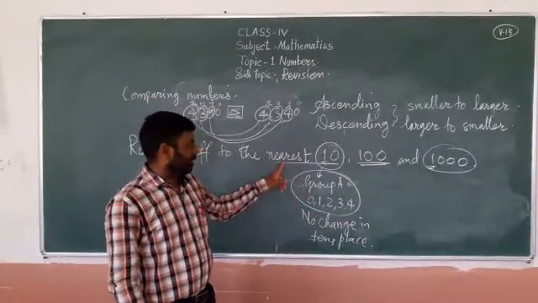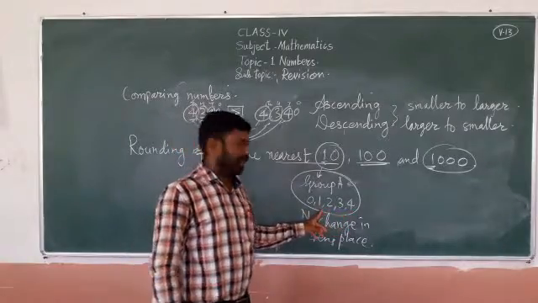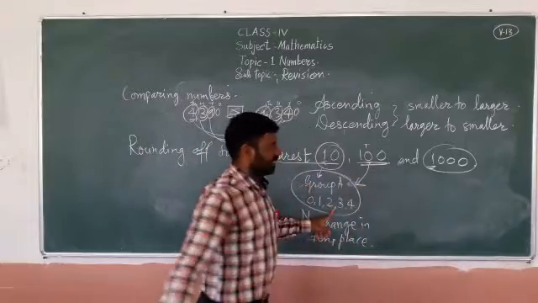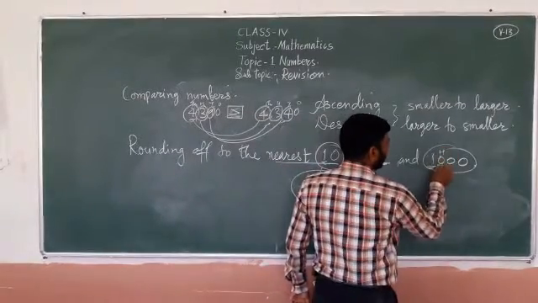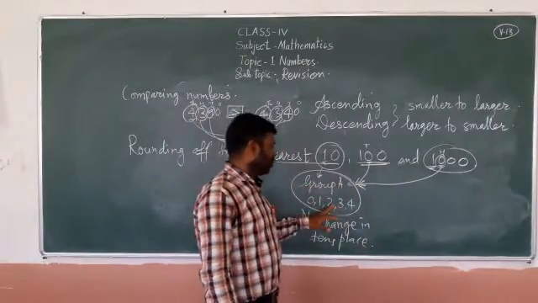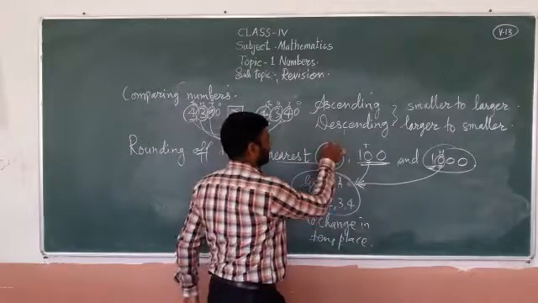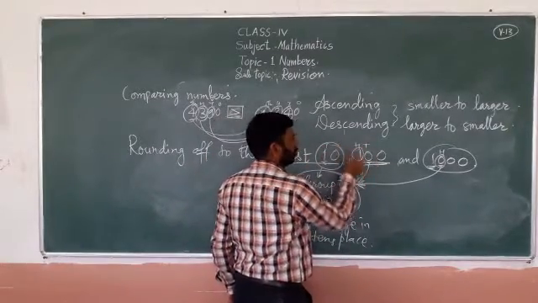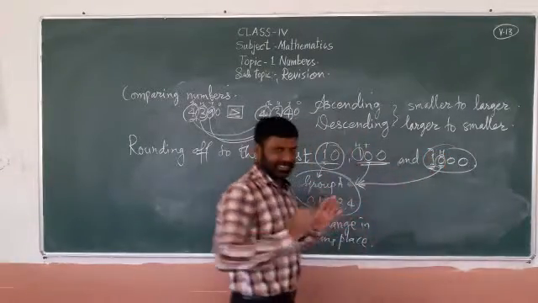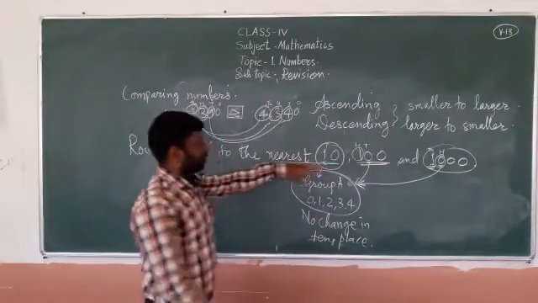If the ones place, or the tens place, or the hundreds place belongs to group A, 0 or 1 or 2 or 3 or 4, then no change. Understand?